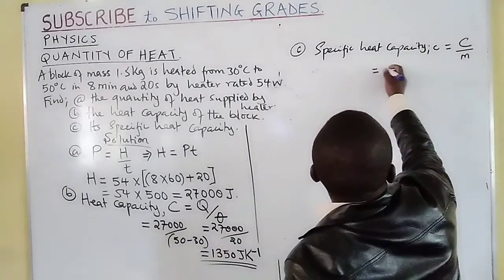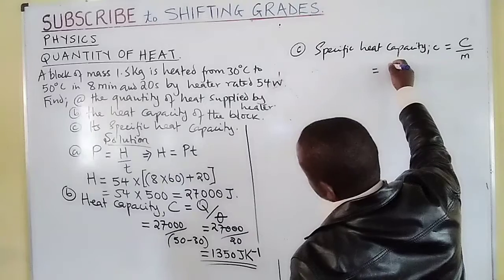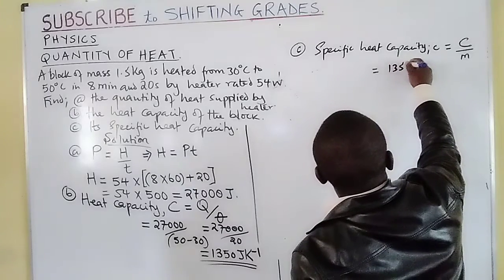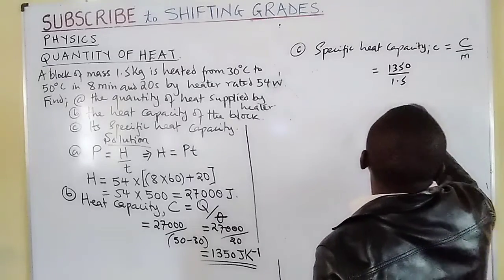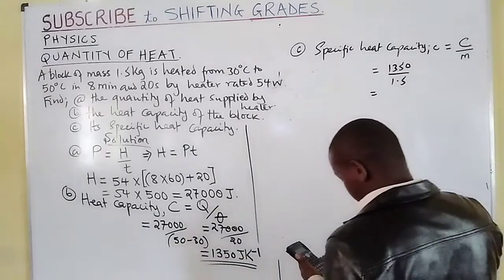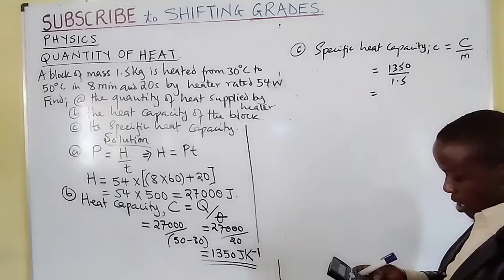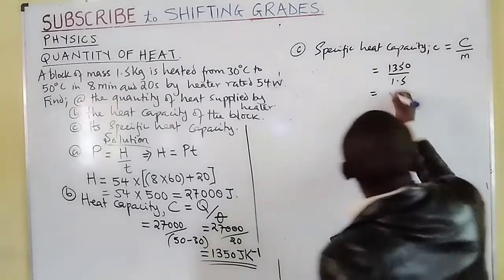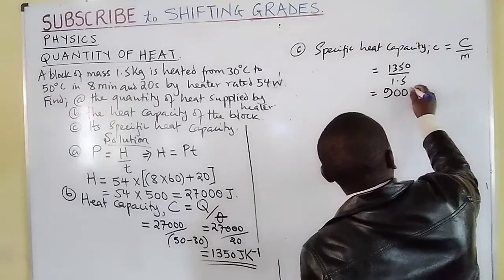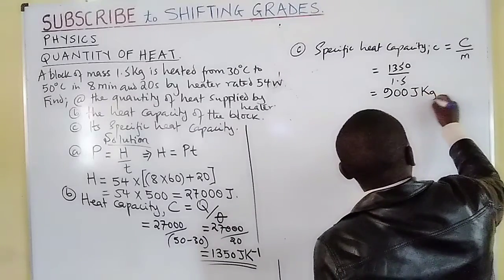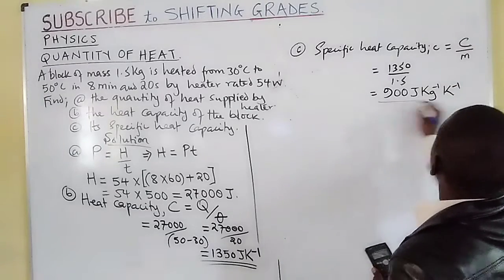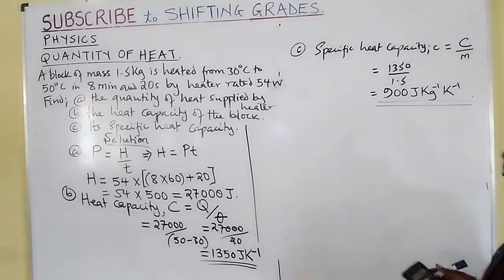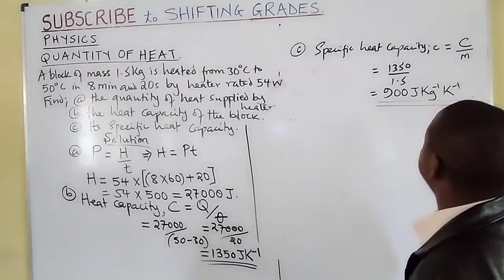Therefore, because we have heat capacity already calculated as 1350 and we have the mass as 1.5 kilograms, then dividing by 1.5, we can get 900 joules per kilogram per Kelvin. So that's how we get it.